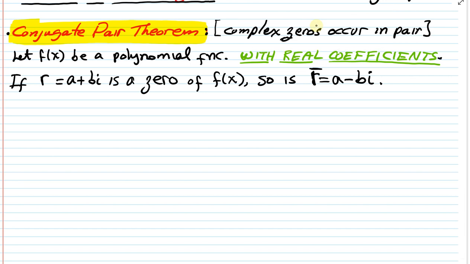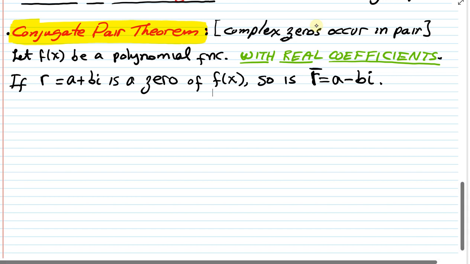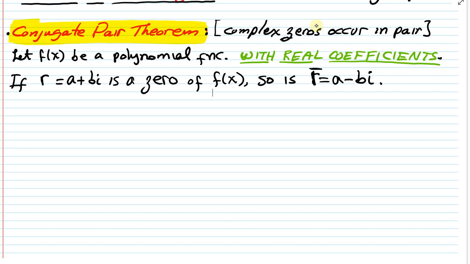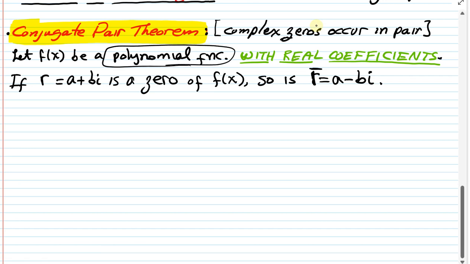So here's how the theorem goes. Now what's important is what I have in green for this theorem. This isn't true necessarily for complex polynomials, but if f of x is a polynomial function with real coefficients, and r, which is a plus bi, is a root, notice by the way, this is a polynomial function, this is not a complex polynomial.